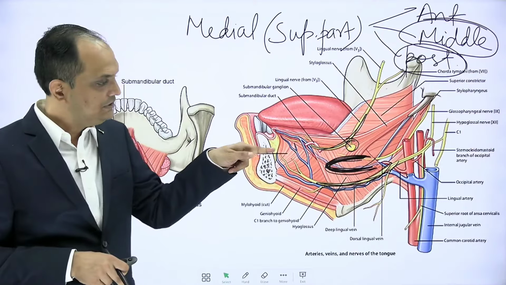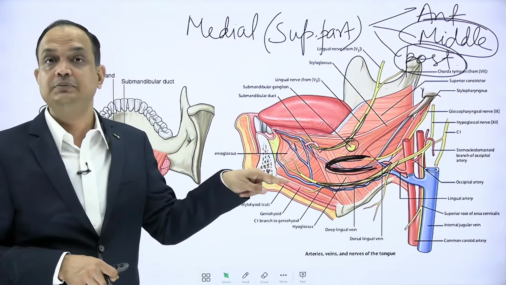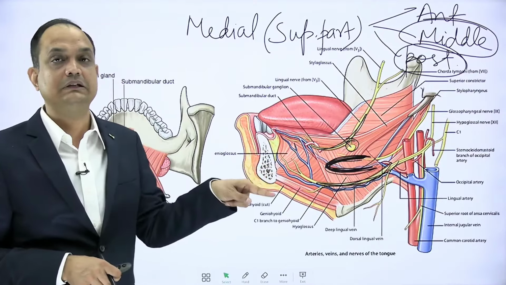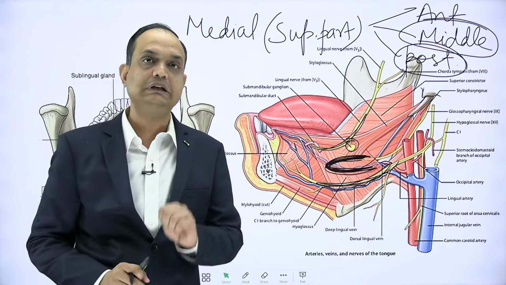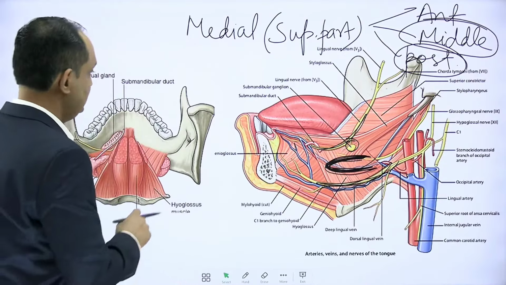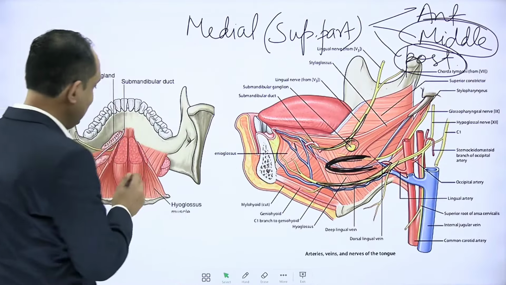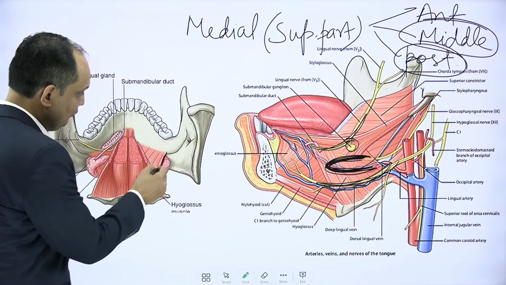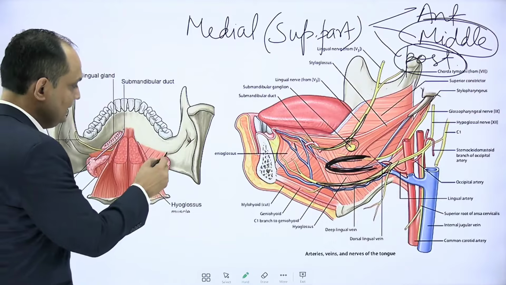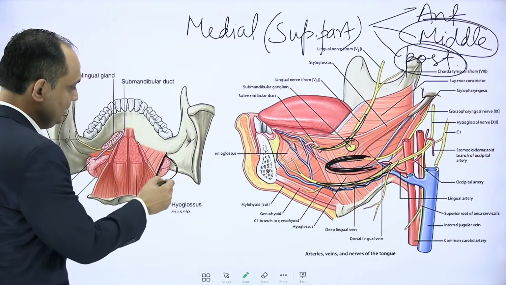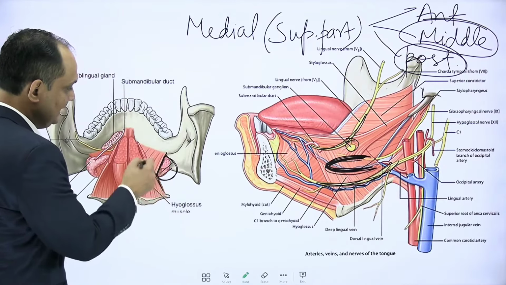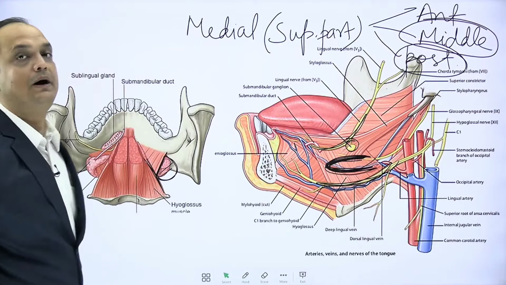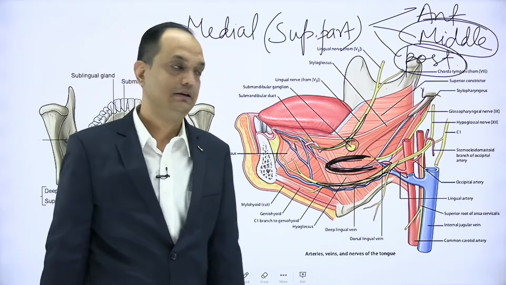Because of the twisted appearance of the gland, or its arrangement around the mylohyoid muscle, this whole area comes in contact with the hyoglossus muscle also. In this diagram you can see that the mylohyoid muscle ends at one point, while the remaining area here now comes in contact with the posterior part of the hyoglossus muscle.